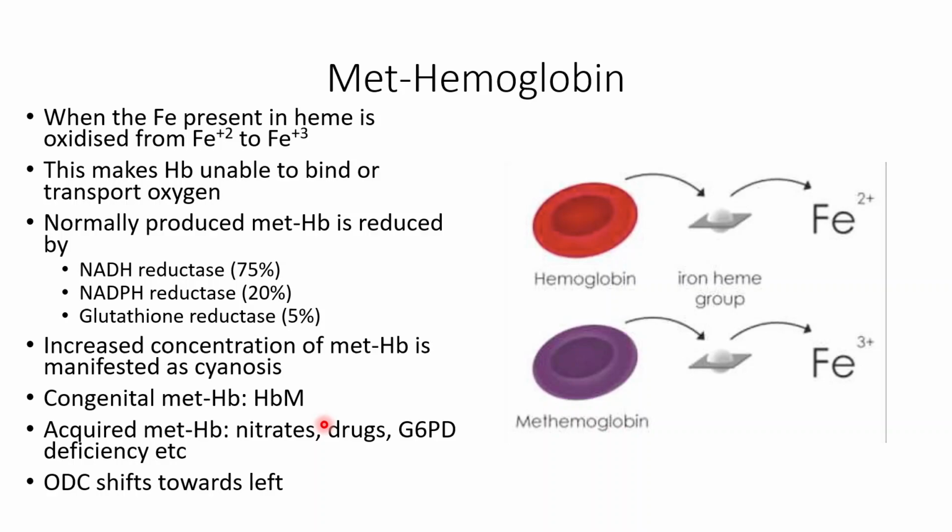So a congenital cause is hemoglobin M, and acquired causes are drugs, aniline dye, nitrates, and enzyme deficiencies like G6PD. This again causes the oxygen dissociation curve to shift towards the left.